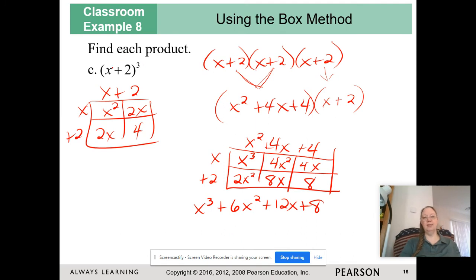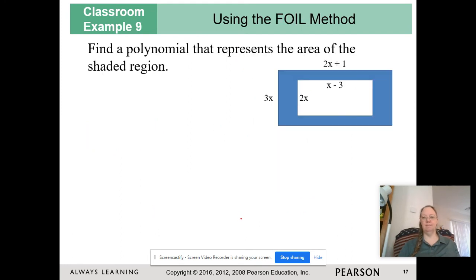Notice, remember how I said the answer is not x cubed plus 8? It isn't. It's x cubed plus 6x squared plus 12x plus 8.